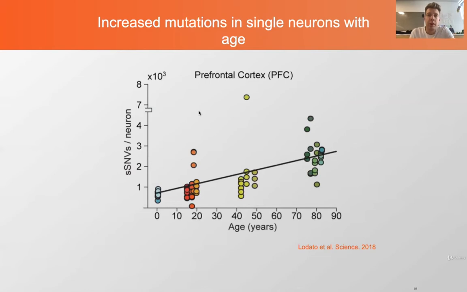We also know with age that mutations actually increase in single neurons. If you do single cell sequencing on humans, you see this increase in mutations with age, suggesting that these could be part of the reason for why we develop age-associated neuropathologies.